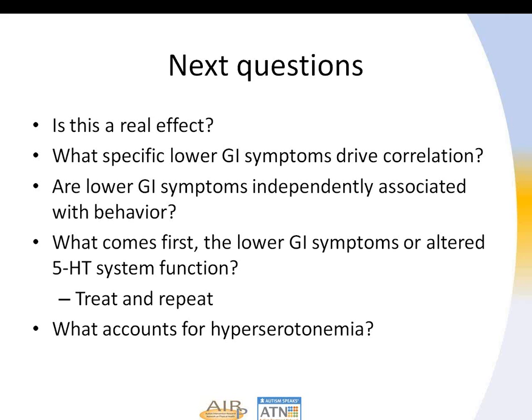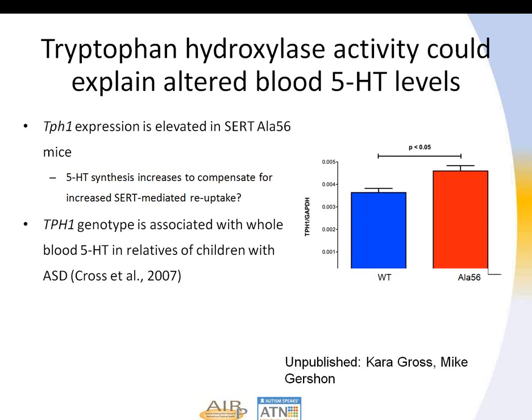And then finally, to understand what might account for the elevated blood serotonin levels from a molecular or mechanistic standpoint. And in the mouse studies, there's some hint at that, which is that in the mice, despite all of our interest in the platelet as a particular locus where elevated serotonin transport activity could lead to elevated serotonin levels in the platelet, we actually have been unable to demonstrate that there's a clear effect on serotonin uptake in the platelet.